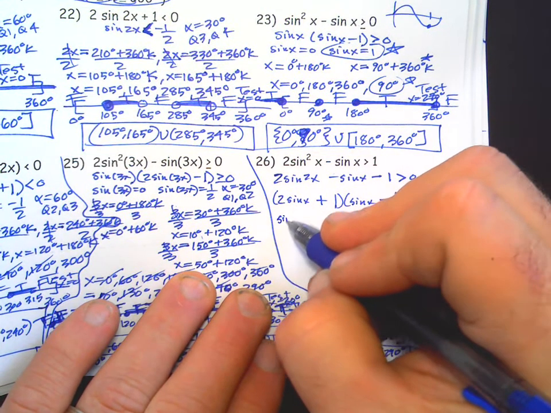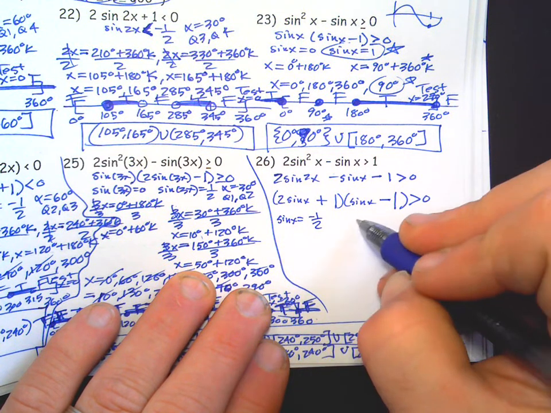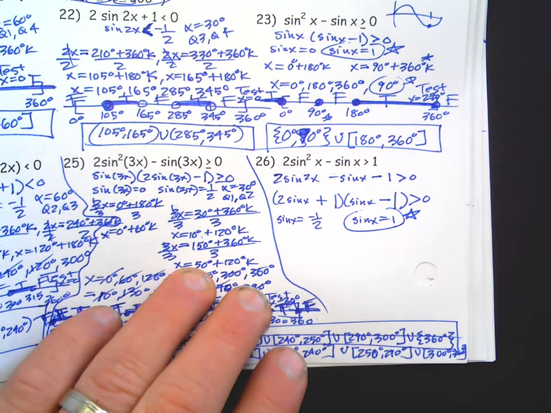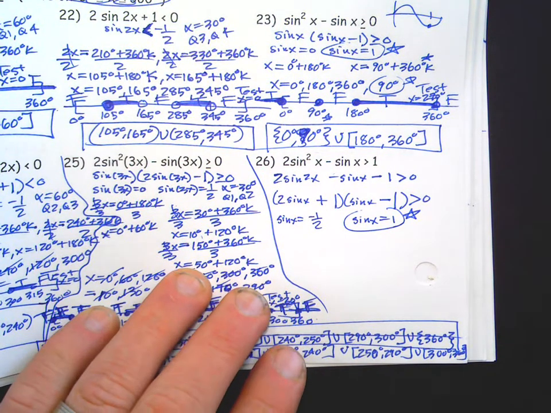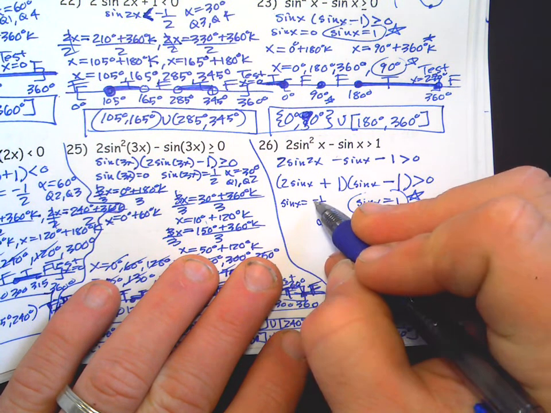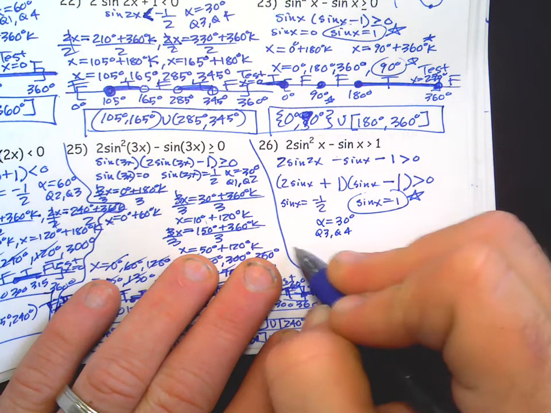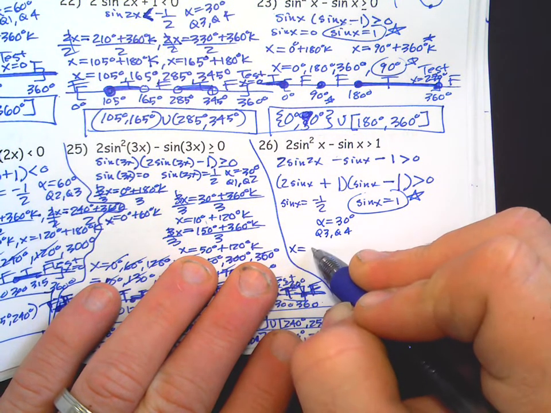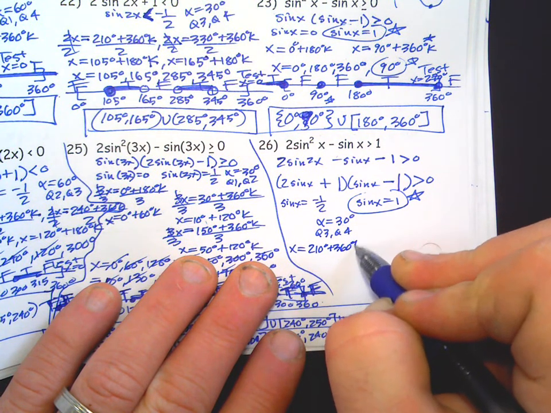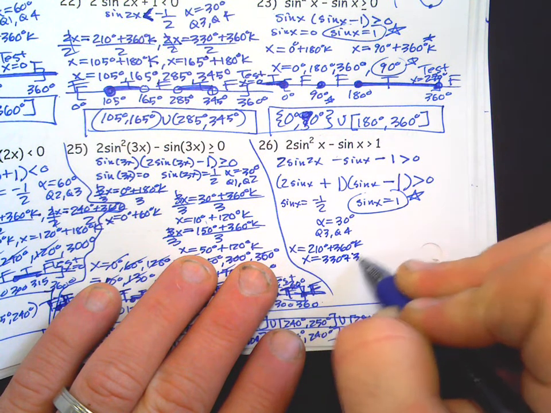So then sine x equals -1/2, and this other one, sine x equals 1. Alarm bells: sine or cosine equal to plus or minus 1 is a problem child, a bounce off the graph. So alpha equals 30 degrees, quadrants 3 and 4. So x equals 180 plus alpha, 210 plus 360k, and x equals 330 plus 360k.